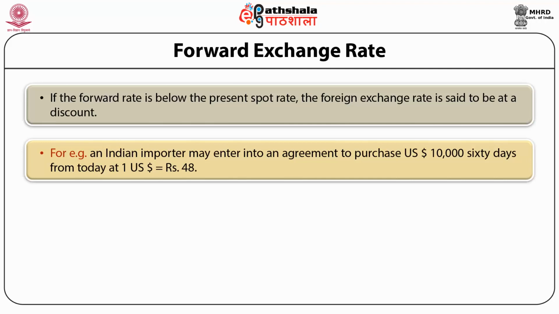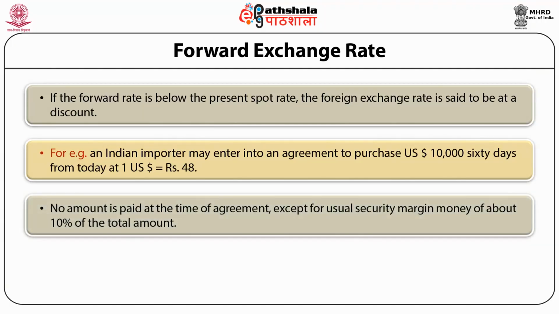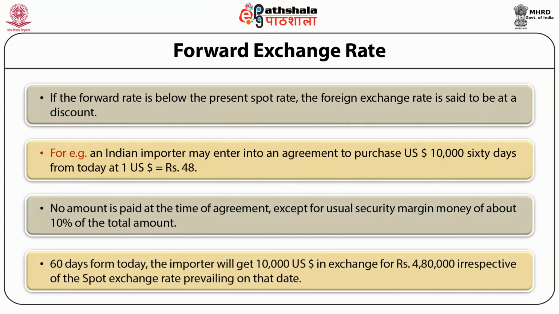No amount is paid at the time of agreement except for the usual security margin money of about 10% of the total amount. 60 days from today, the importer will get 10,000 US dollars in exchange for rupees 4,80,000, irrespective of the spot exchange rates prevailing on that date.